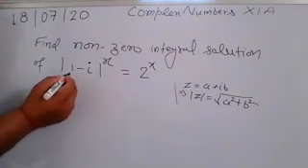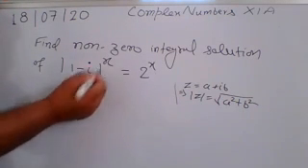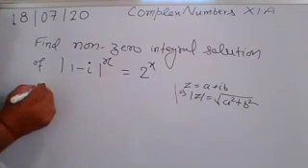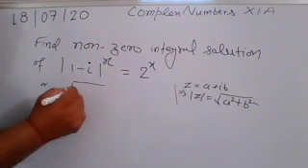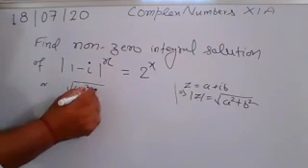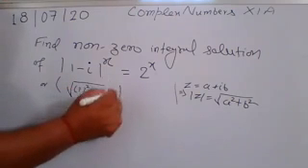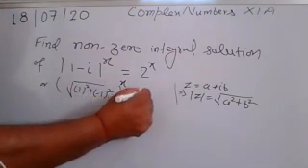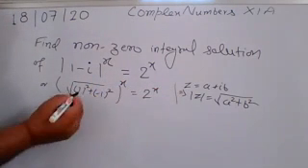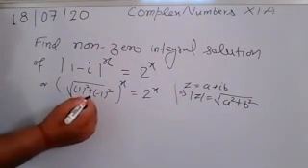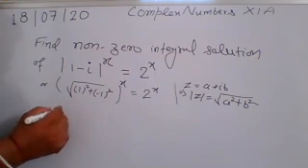So here mod of (1 minus i) whole power x can be written as under root of the square of 1 plus the square of minus 1, whole power x, is equal to 2 to the power x. And here you have 2.